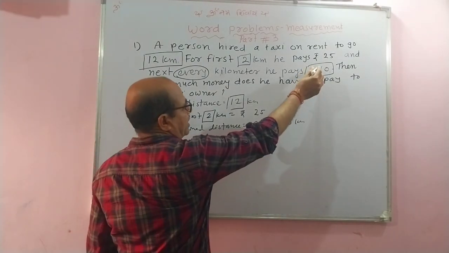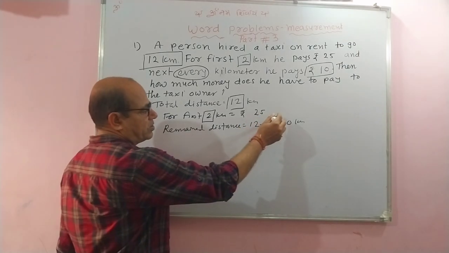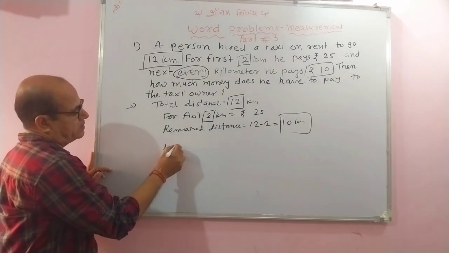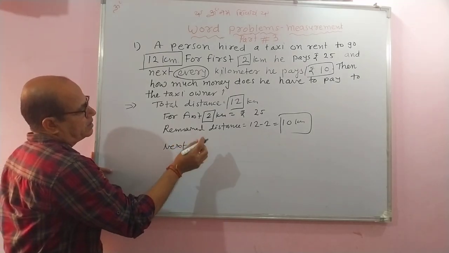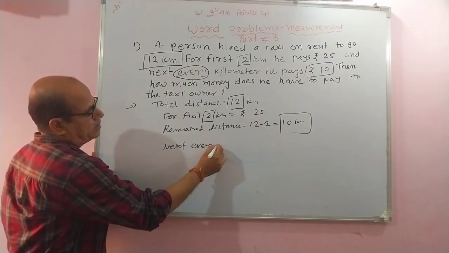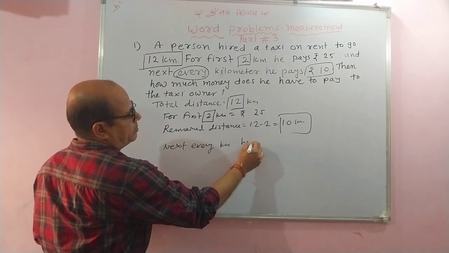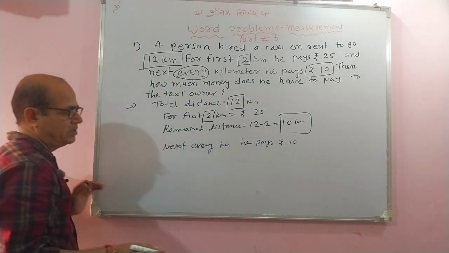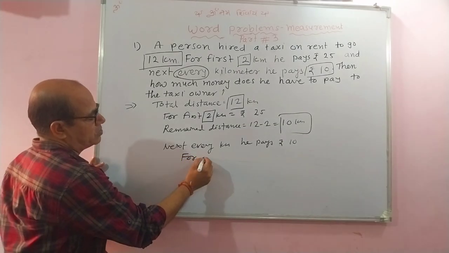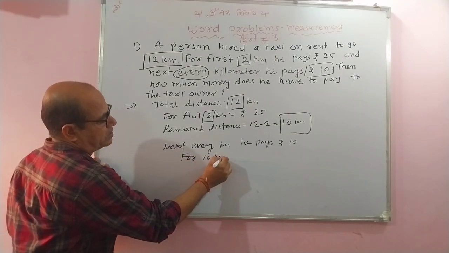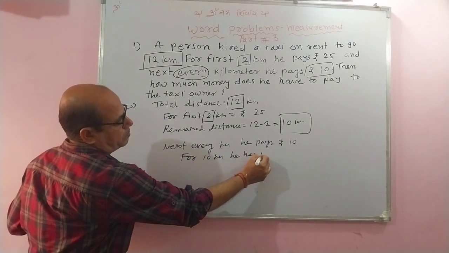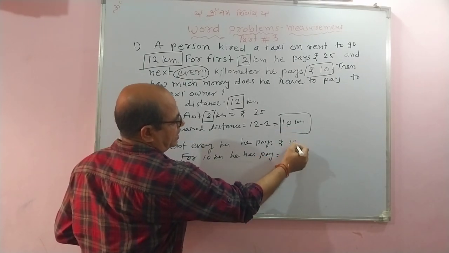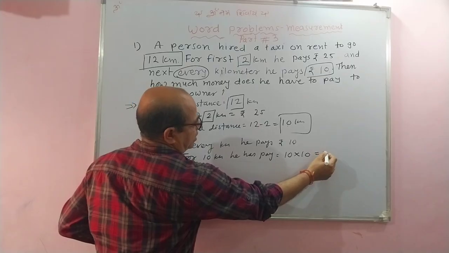So for 10 kilometers he has to pay 10 kilometers times 10 rupees, so 100 rupees.